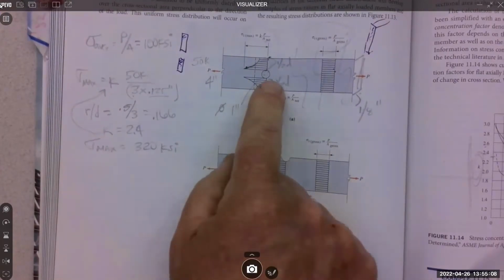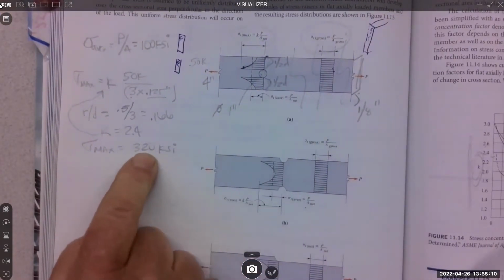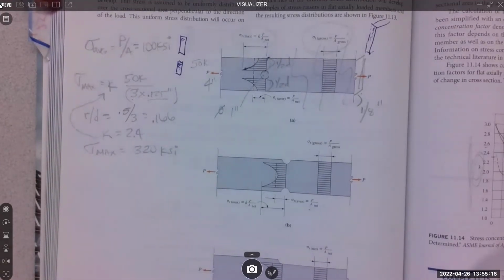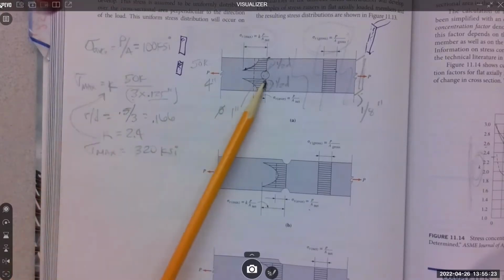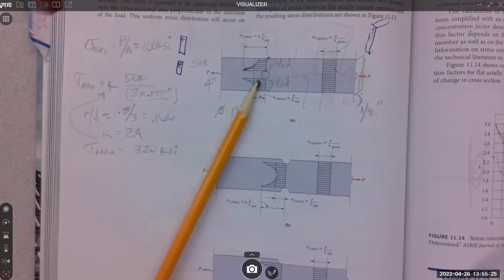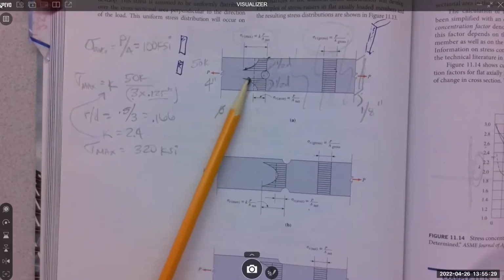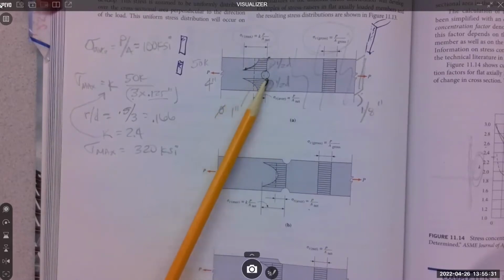Pop a 1 inch hole in it, and now we get 320. That changed. It's just right here, this part of the graph, right next to the hole.